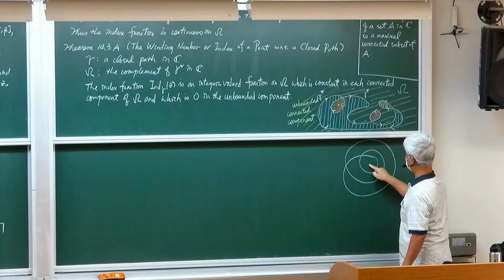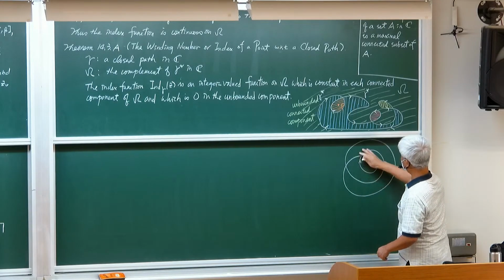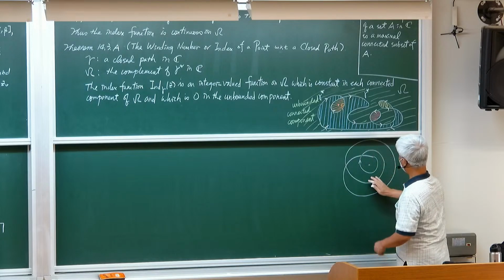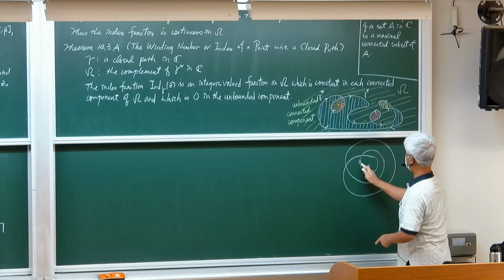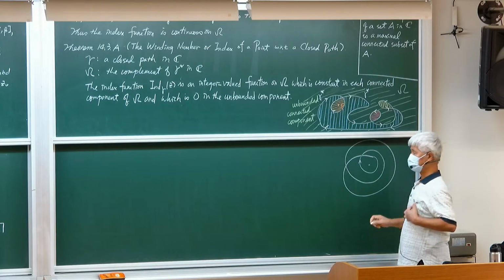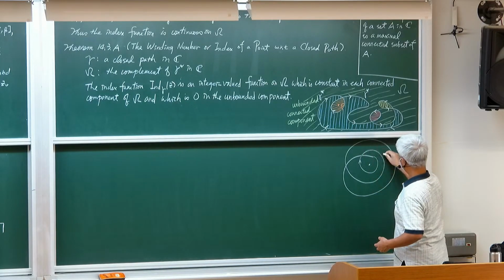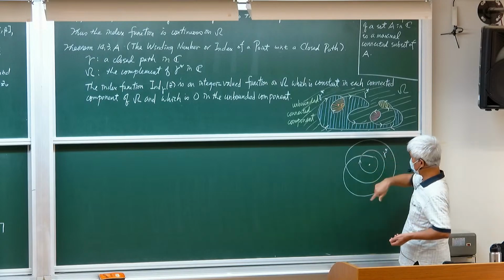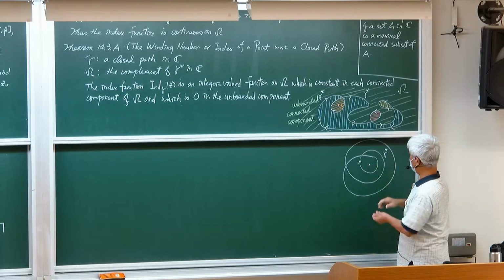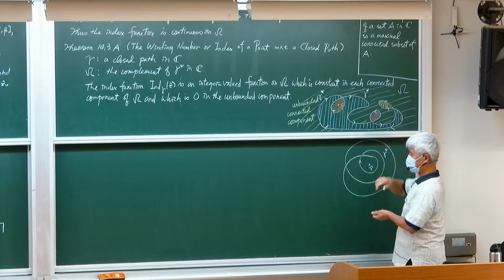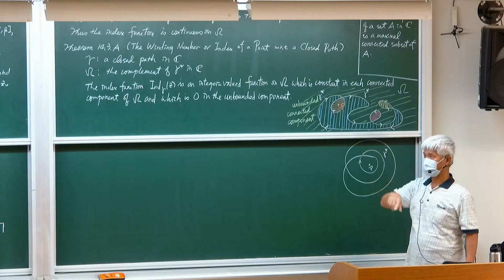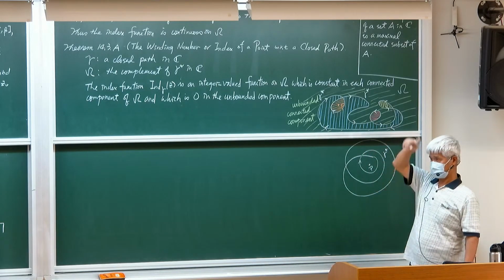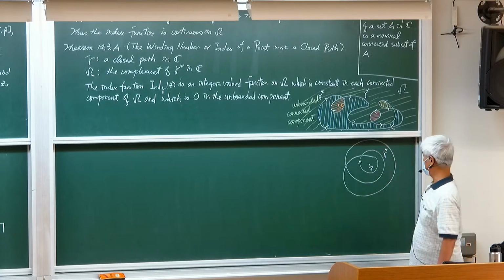Suppose we start here. It's 1 circle, 2 circle, 3 circle. So in effect the path will wind around the point P here for 3 rounds, you can say. So the winding number would be 3.